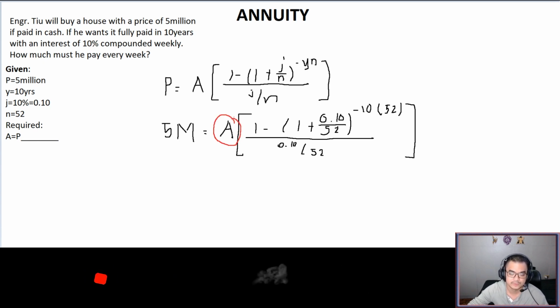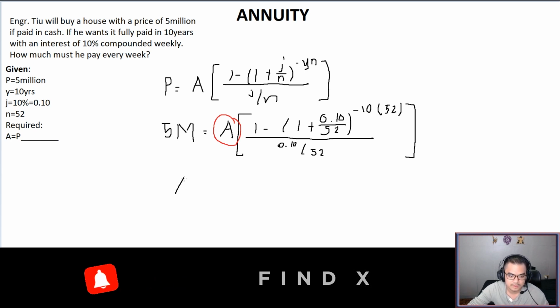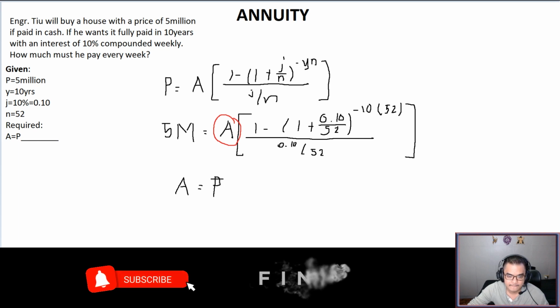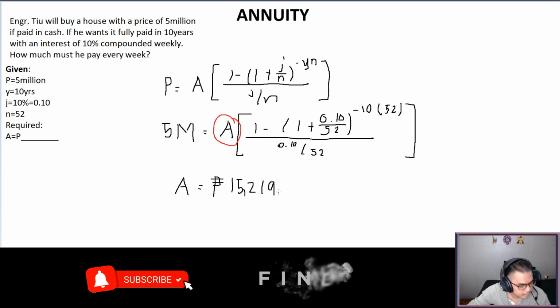Solving algebraically, I already solved it in advance. Your value of the annuity now is 15,219.82.